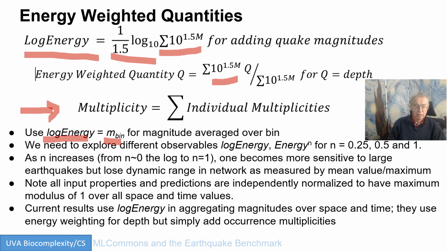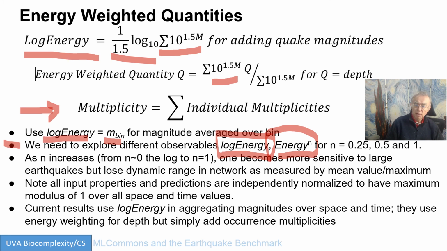And that's interesting, because multiplicity has some striking structure, since it varies very dramatically as a function of space and time. Something we need to come back to, and I'll have another 2 slides commenting on this, is exploring different observables. This analysis here is done with log of energy, but we probably should look at energy to the n, where n runs between probably 0.25, 0.5, and 1.